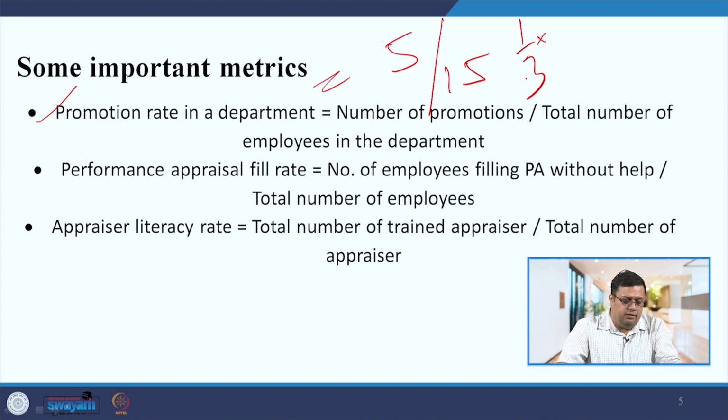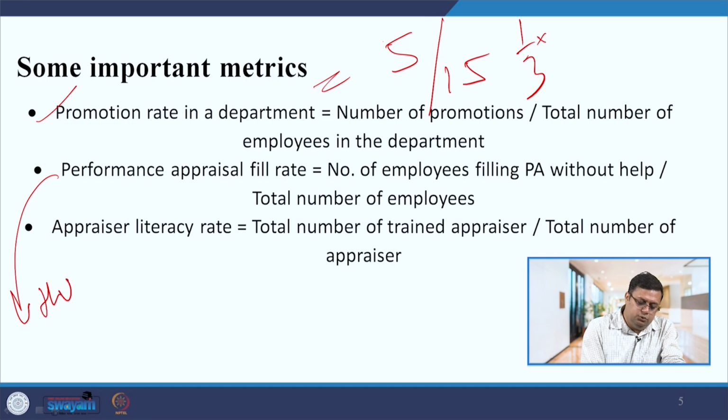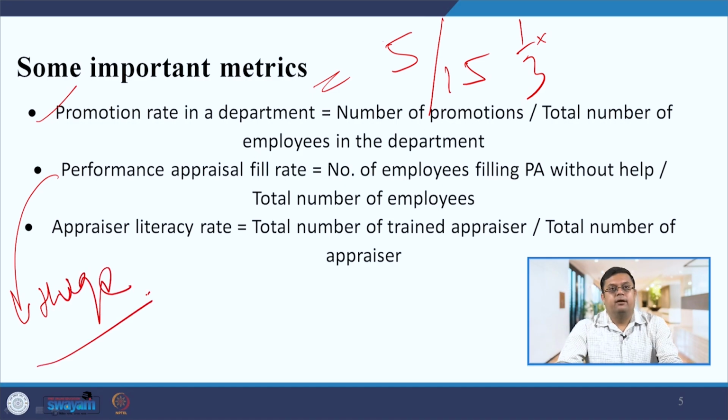The second important metric that I request all performance management managers to calculate is the performance appraisal fill rate. This is a huge issue in the organization, right. So, fill rate without help: how many employees are there who can fill up their performance appraisal form without help?